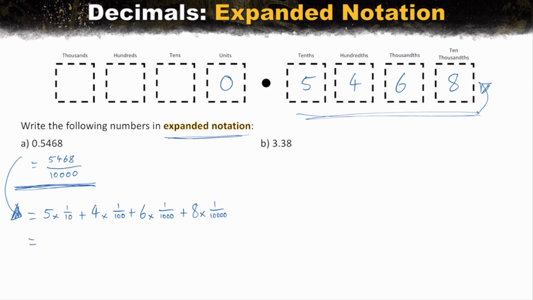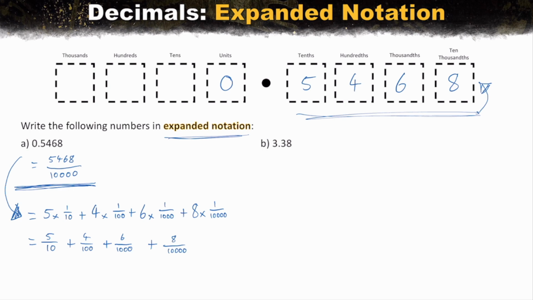And we can multiply these out just to simplify them to make it the sum of its parts. So we've got 5 tenths plus 4 100ths plus 6 1,000ths plus 8 10,000ths. Now we could simplify these fractions, I won't here for the moment, just for the purpose of expanded notation. But that's how we represent it as a sum of its parts.